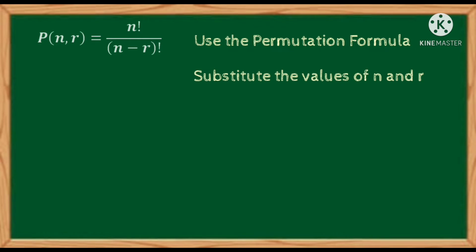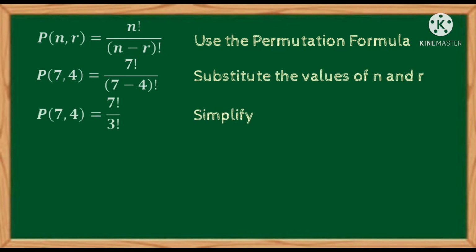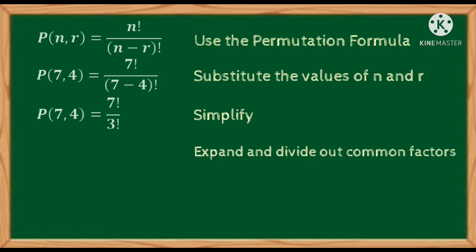Next, let's substitute the values of n and r in the formula. So we have now the permutation of 7 taken 4 is equal to 7 factorial over the quantity of 7 minus 4 factorial. Then, simplify. 7 minus 4 factorial is 3 factorial. So we have now 7 factorial over 3 factorial. Now, let's expand and divide out common factors.